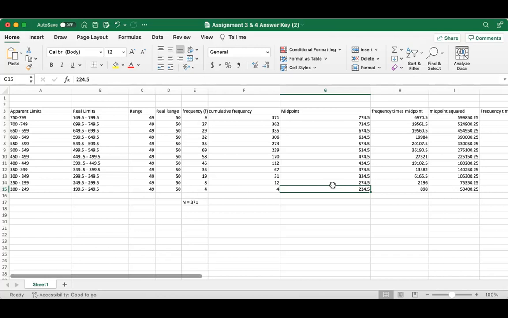Equals E7 times G7, equals E6 times G6, equals E5 times G5, and equals E4 times G4.